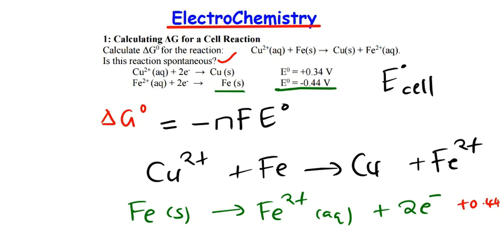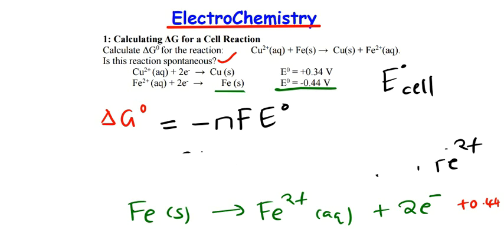At this point, things have become easy, when you know which one is the oxidation and which one is the reduction reaction. This one is the cathode, and this other one is the anode, where oxidation occurs in a galvanic cell.